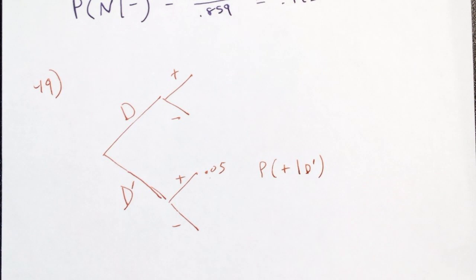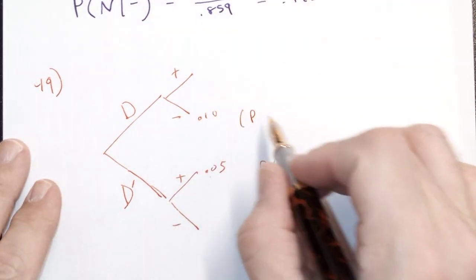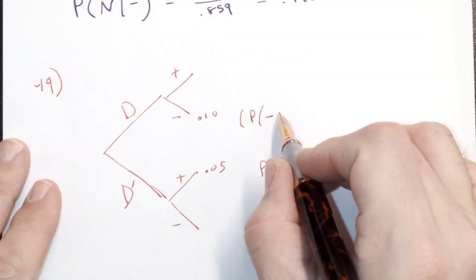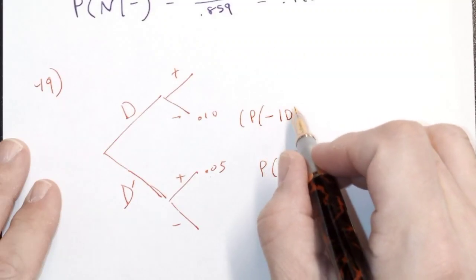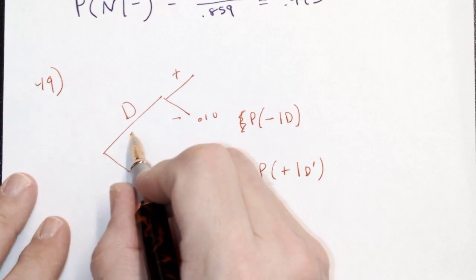The 10% false negative, where does that go? They also said that only 4% of athletes are using banned substances. Where does the 4% go? Aha, that would be here, exactly.